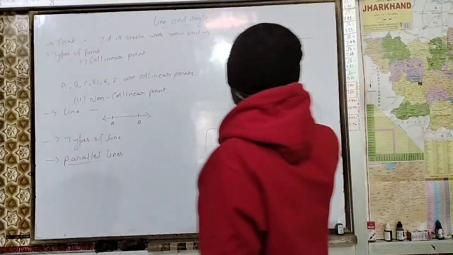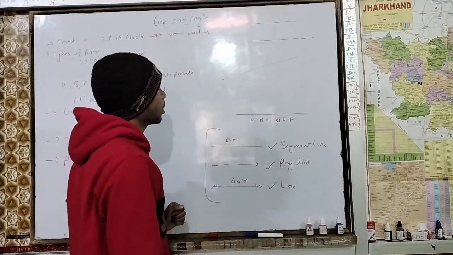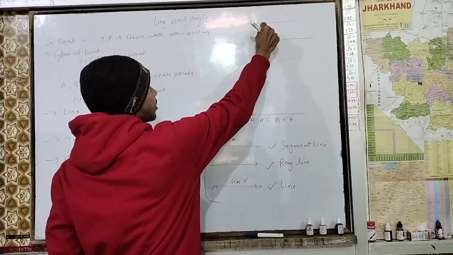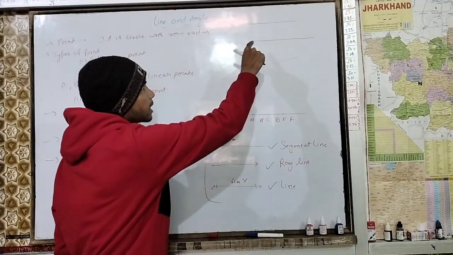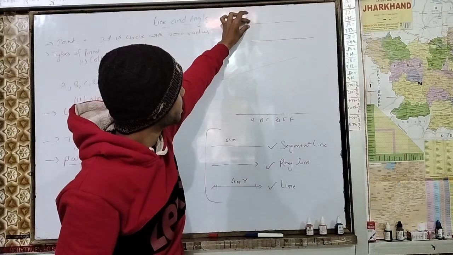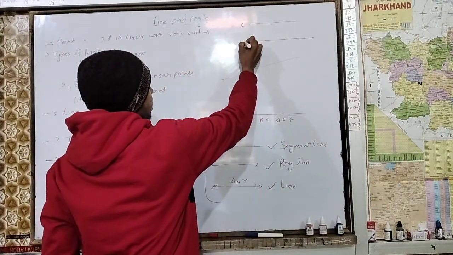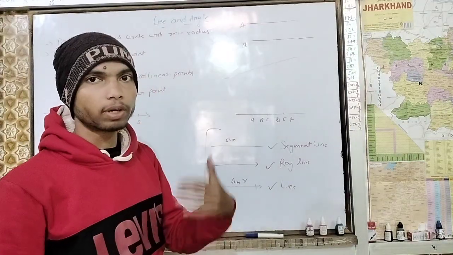Let me show. If this is one line, in this case, we will call it like that: this line is parallel to this. Line A is parallel to line B. That is how we call it.